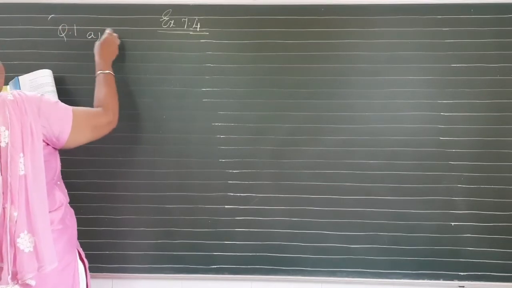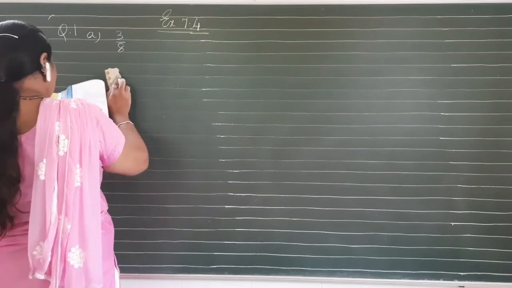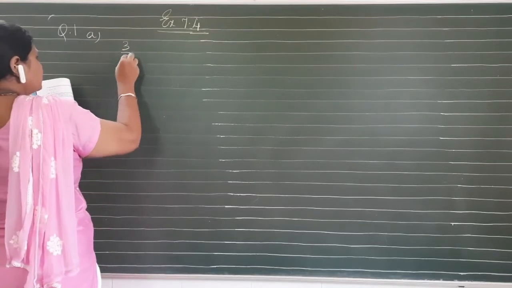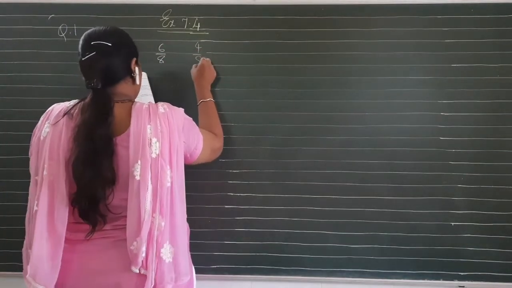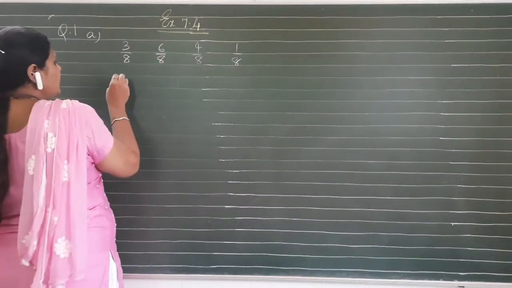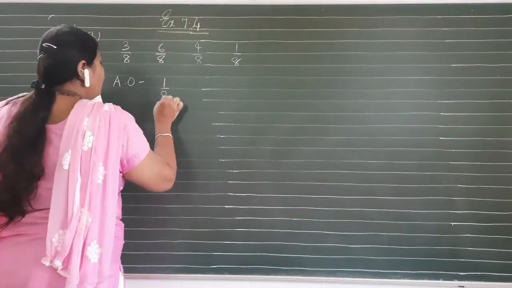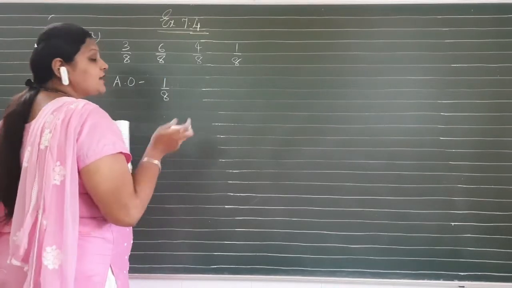Question number 1. First is 3 upon 8. Second, out of 8, 6 are colored. Then 4 upon 8 and 1 upon 8. Now here we can see all the denominators are the same, so we will compare the numerators. In ascending order we have to start from the smaller.